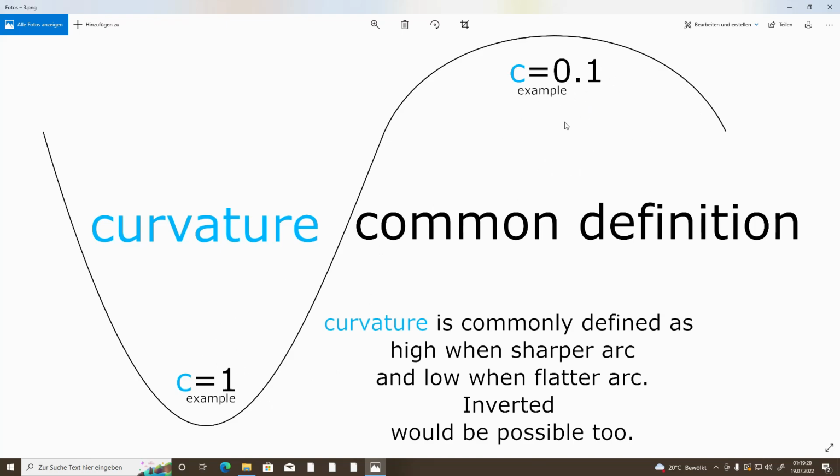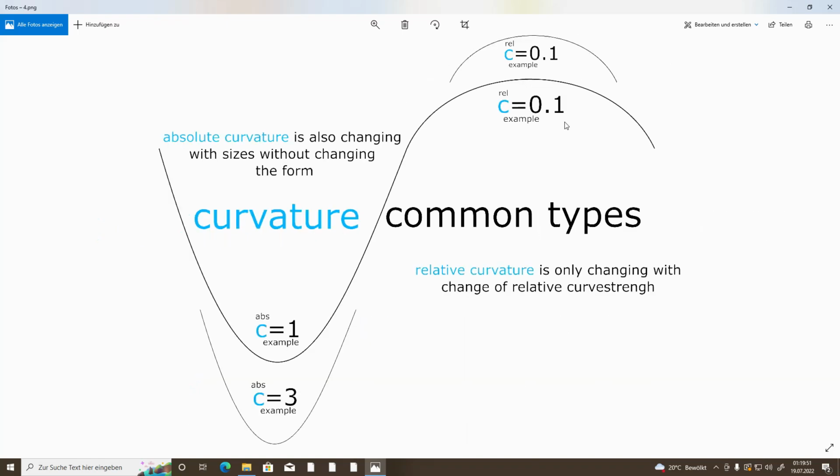But it's your choice, as long as you have the things you need to describe a curve. It doesn't matter whether the values are inverted or not when you apply it in the other formulas that you want to use.